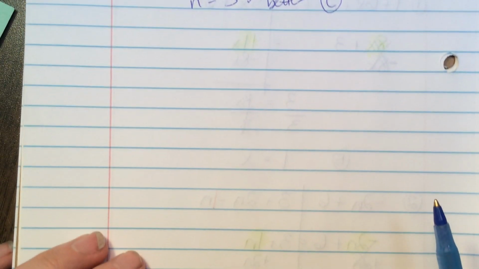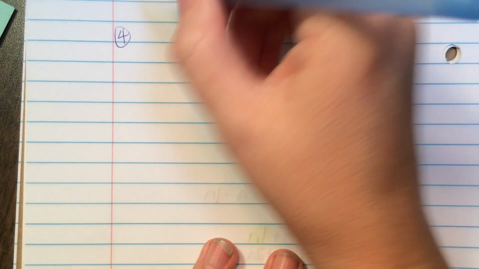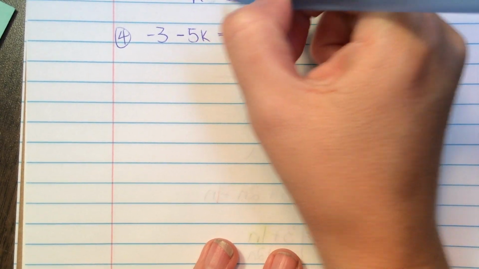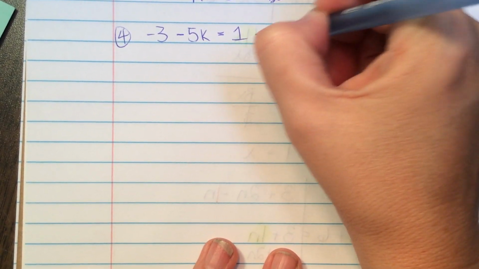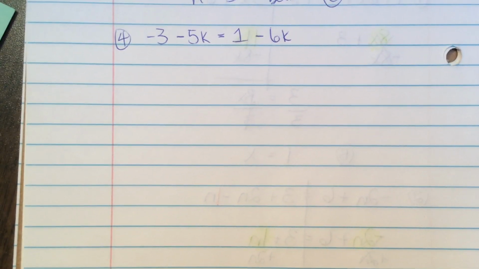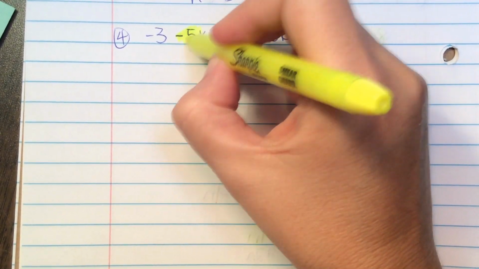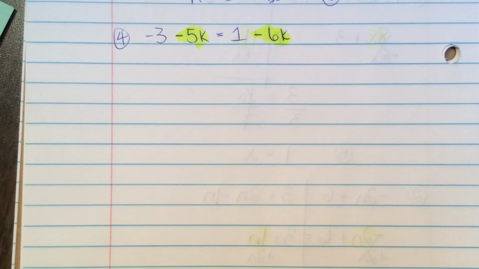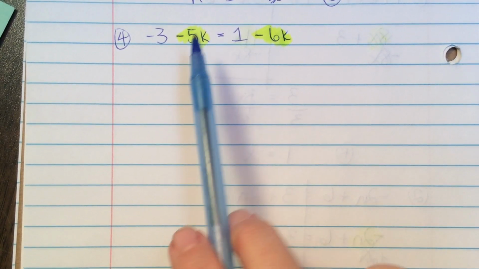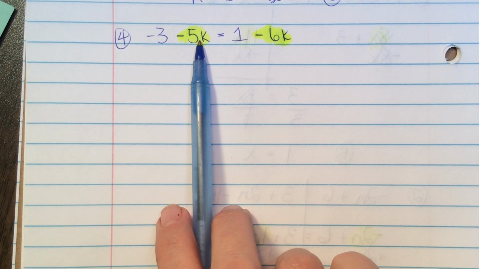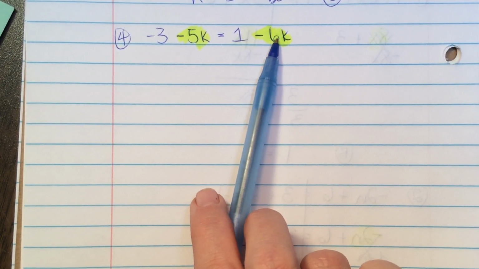Okay, number 4. We got -3 minus 5k equals 1 minus 6k. So I got -5k, -6k. All right, now we're going to think again. Which one's smaller? If they were positive numbers, 6 would be larger.